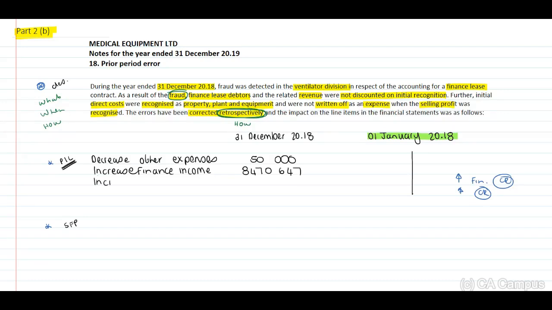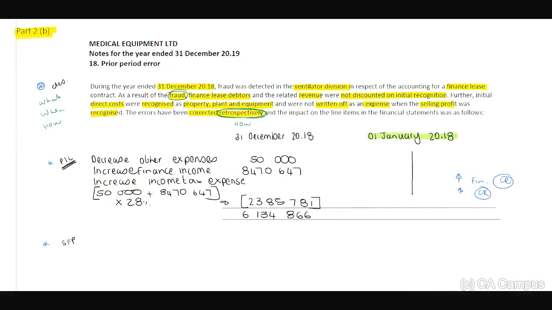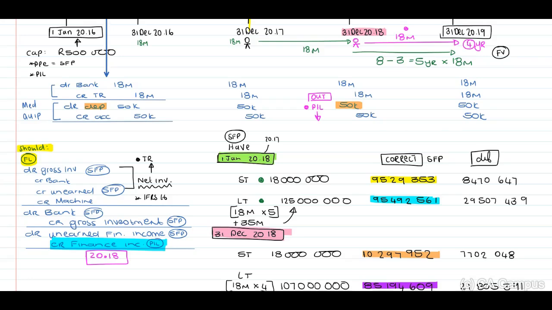Therefore, this will be an increase in the income tax expense. This will be the 50,000 plus the 8470647, and we times this by the 28%, and this is an increase, but guys, remember it's an expense. 2385,781.